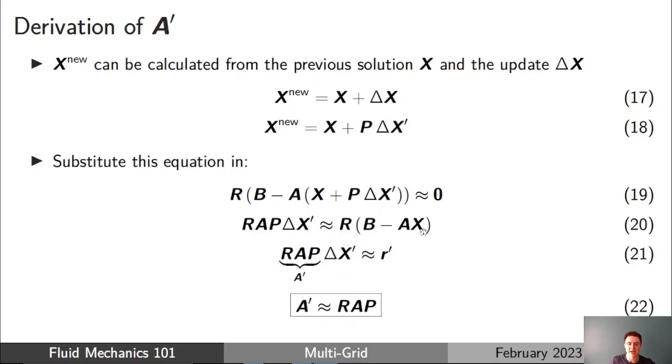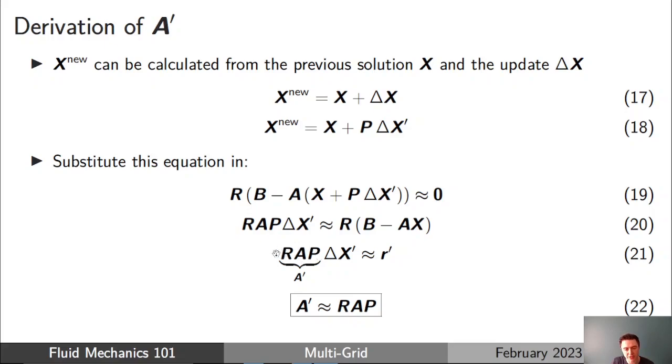b minus Ax is of course equal to the current residual vector multiplied by the restriction matrix R is the restricted residual vector r prime. And if we look on the left hand side, we can see that we've got a collection of terms. We've got RAP multiplied by delta x prime. Delta x prime is the correction to the solution vector on the coarse mesh. That's equal to the residual on the coarse mesh.